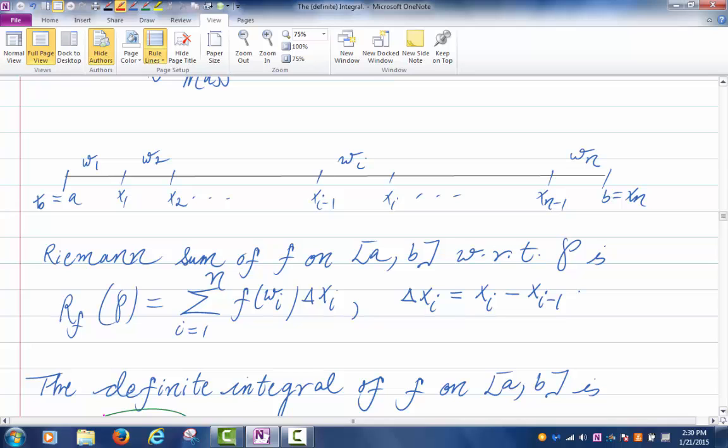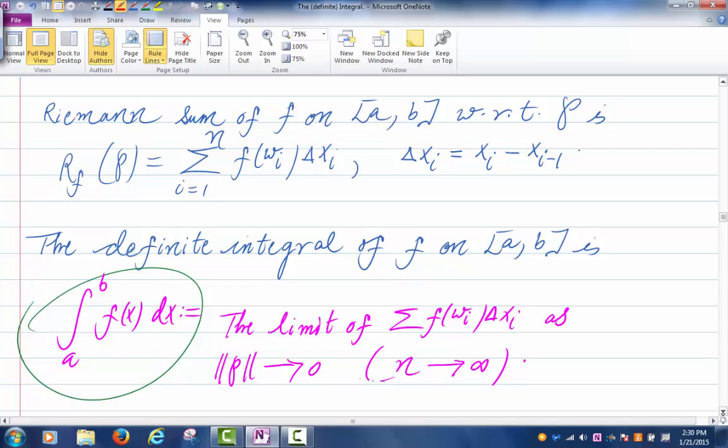And so we're going to give it a name. What name do we give it? I have the Riemann sum, and I take the limit of the Riemann sum as the lengths of the subintervals go to zero.